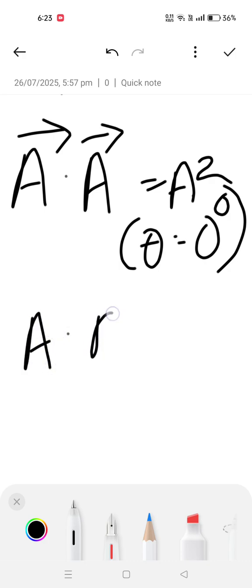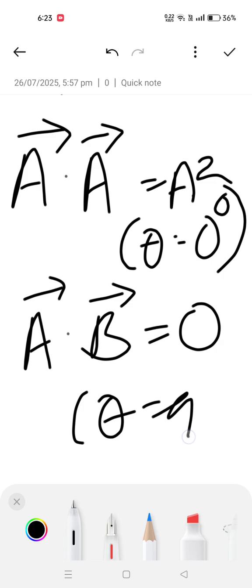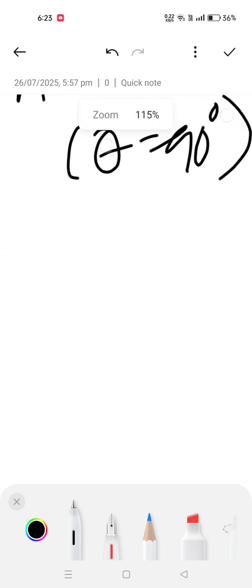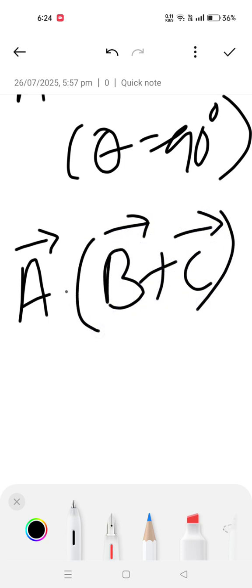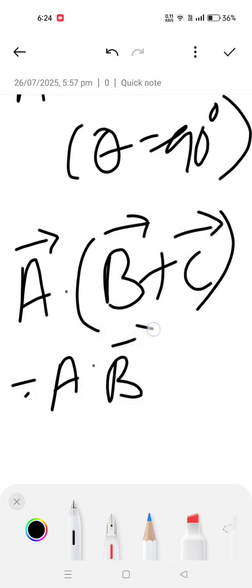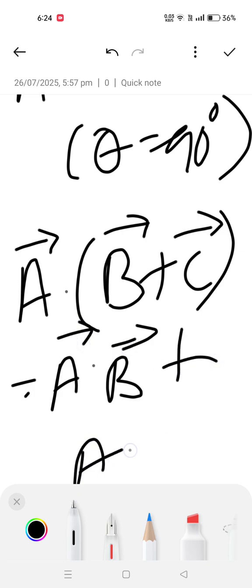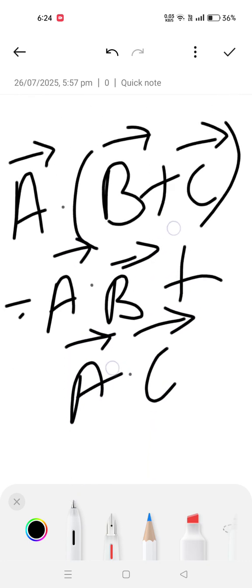A dot b vector is equal to 0 when theta is equal to 90 degree, because cos 90 degree is equal to 0. A dot (b plus c) vector is equal to a dot b vector plus a dot c vector.